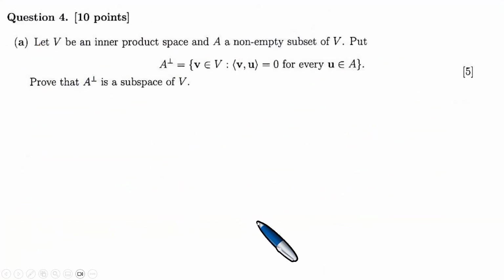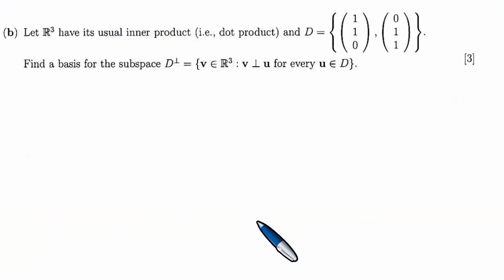Right. So this is the first one, and then now we did that. Part B is this one here. So let R3 have its usual inner product, that is the dot product, and D, they said, with two vectors.